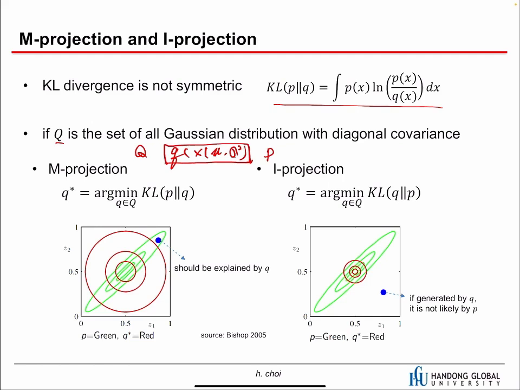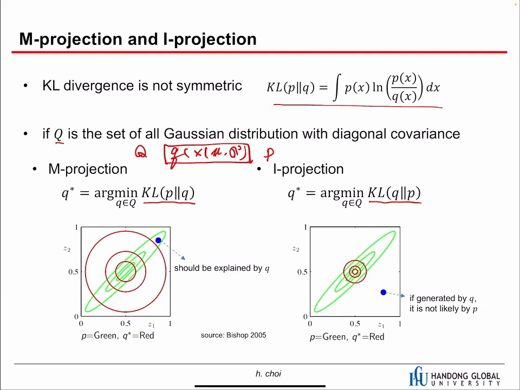We can minimize KL divergence between P and Q, or we can minimize KL divergence between Q and P.